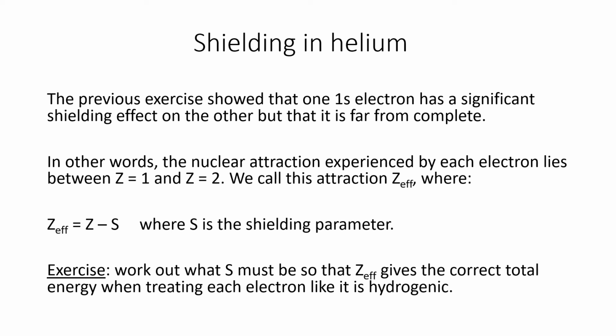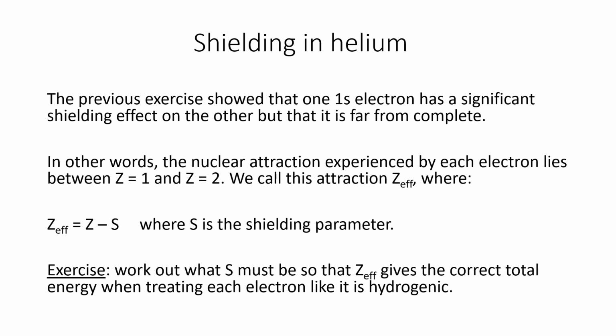So this definition here, that Z_eff, the effective nuclear charge, is the proton number minus this shielding parameter. What we can do in the helium case, we do know what the total energy of the helium electrons is. It's -2.9 Hartrees. And given that we know the energy, and given that we know the shell number, we can work out, backwards, what Z would have to be to solve the equation for the energy of the electrons.